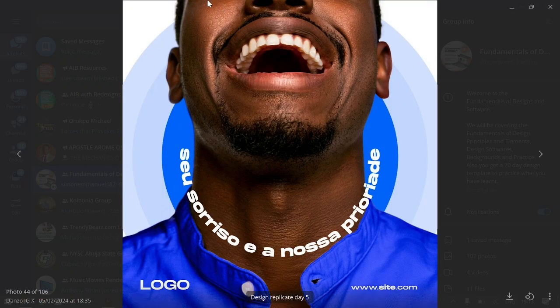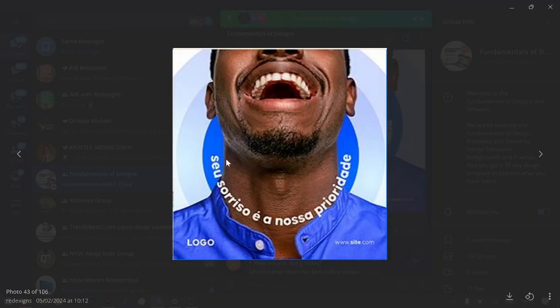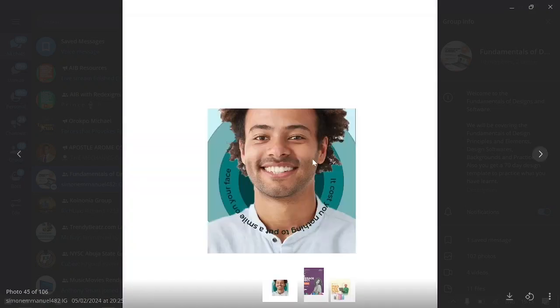You could see his eyes are not here, and just his head is cut in this case. So I think you should also consider that, and also there's a balance between what is being given. You could see the balance here, but one text is a little bit higher than the other when it comes to your own case.